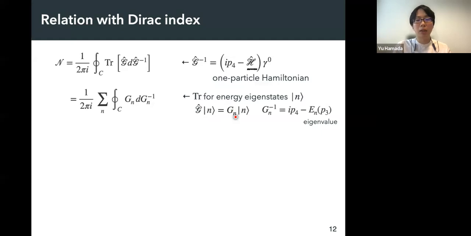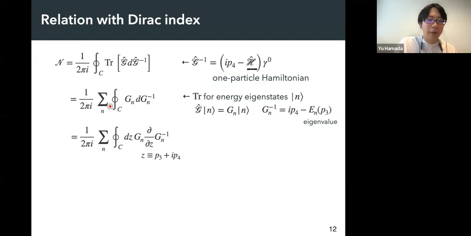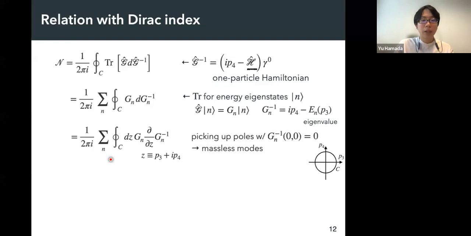This is not an operator. And g_n is given by this one. Here the Hamiltonian is just replaced by the energy eigenvalue E_n. Also we can rewrite this expression by introducing a complex variable P3 plus i P4 and so on. From this expression we can see that this integration picks up poles around the origin at which z_n inverse should be 0.